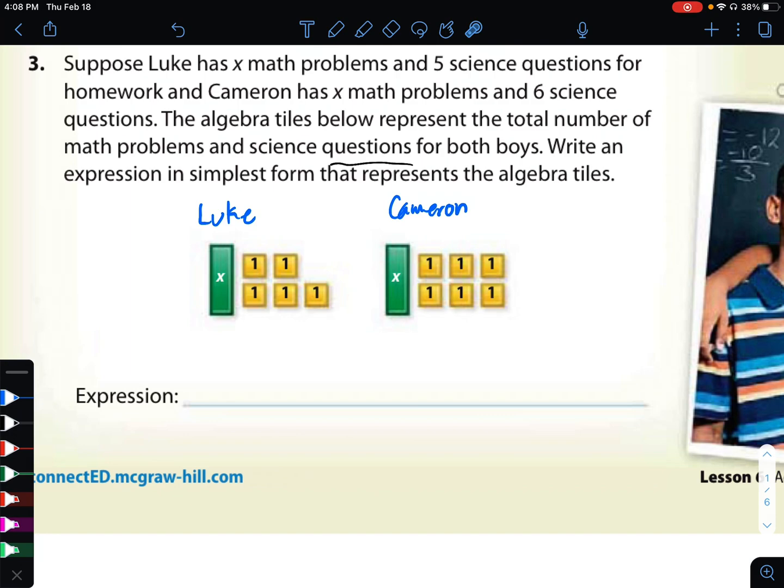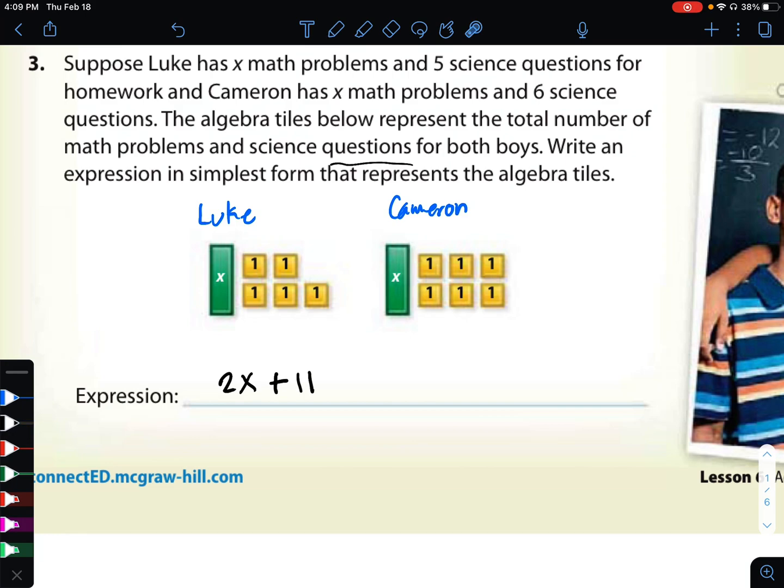Now if I count the number of x tiles I have, I can write the expression 2x because there are 2 x tiles. The number of unit tiles is 5 plus 6, which is 11, so I write plus 11.